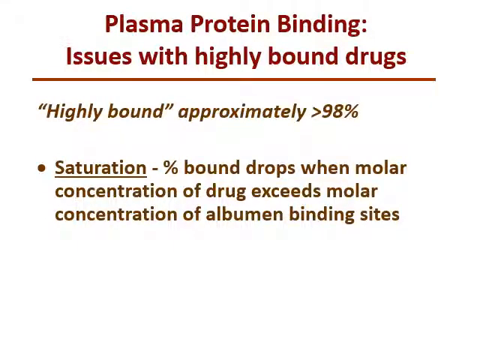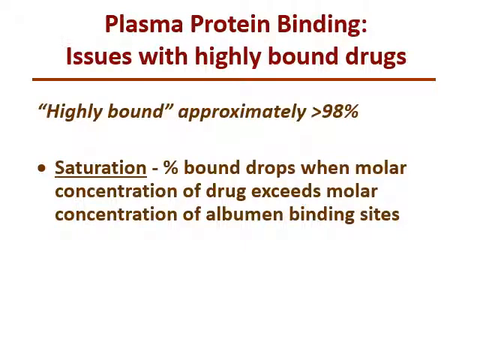Saturation refers to a situation where once you fill up all the plasma binding sites with drug, any additional increment of drug will have a greater percent of being free and unbound. Once you have enough drug that you saturate the protein binding sites, additional drug will be largely unbound.